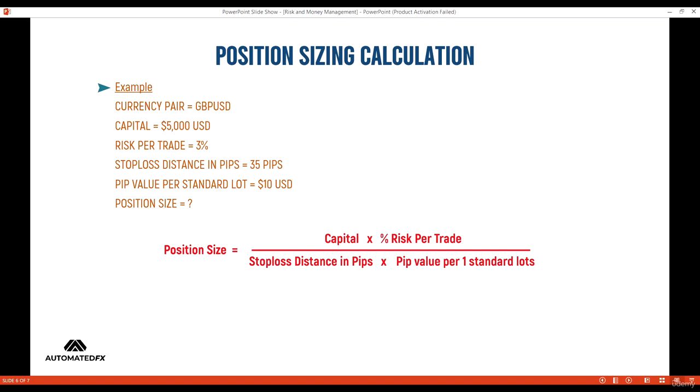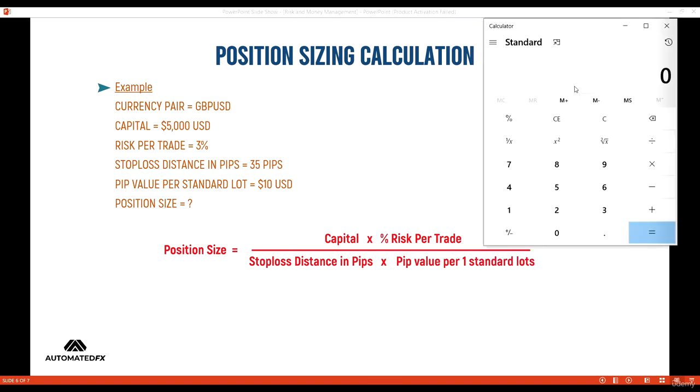So, bringing up our calculator now, we have capital, which is $5,000, times risk per trade. So we have 3%, so 3 divided by 100, that's 0.03, times our capital, 5,000. Now we have 150, right? Then stop loss distance is 35 pips times pip value, which is 10.